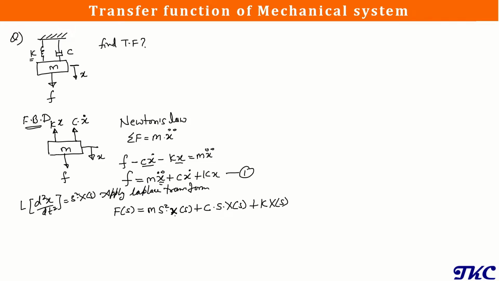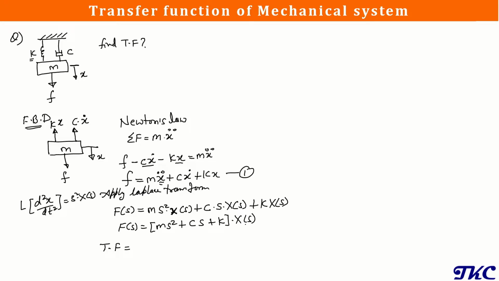Now we have X of s in all the terms, so we can take it out. So it will be F of s is equal to ms square plus cs plus k, into X of s. Now we can write this equation in the form of a transfer function, that is output upon input.